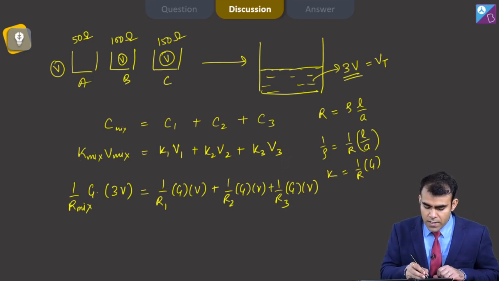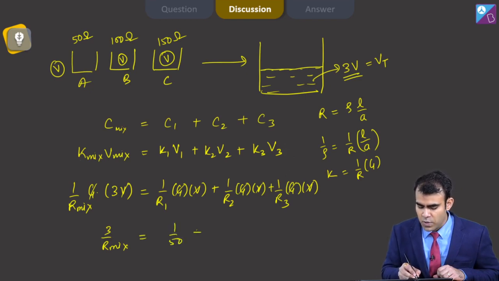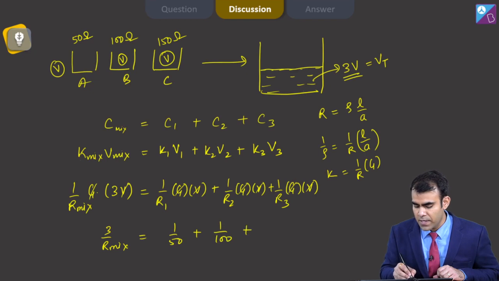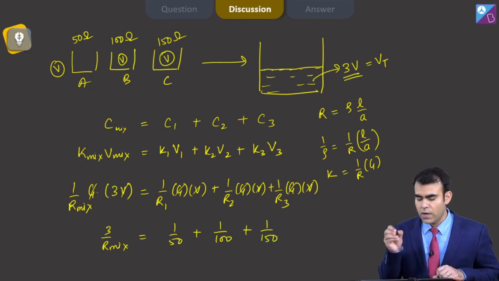Now here these will be cancelled out, and what we are left with is 3 by R mixture is equal to 1 by R1, that is 1 by 50, plus 1 by 100 plus 1 by 150.